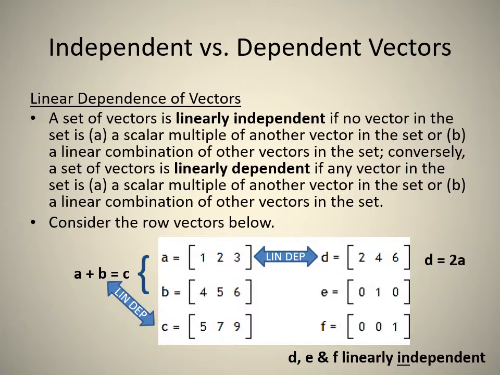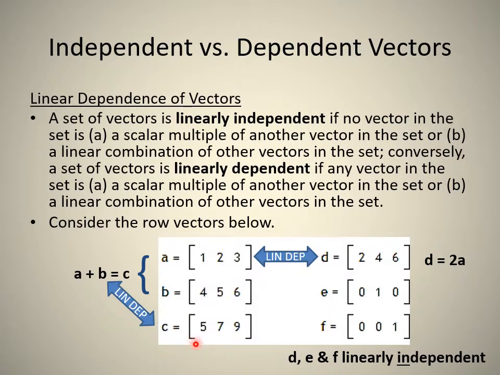Good. Here we have a few examples of row vectors, and I want you to pay attention to the fact that some of them are linearly dependent and some not. So let's look at the first example where we have linear dependency.